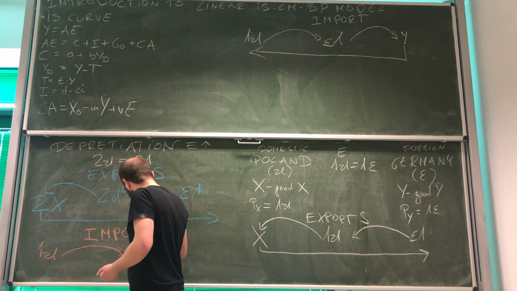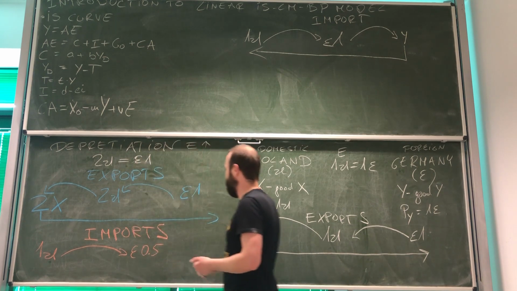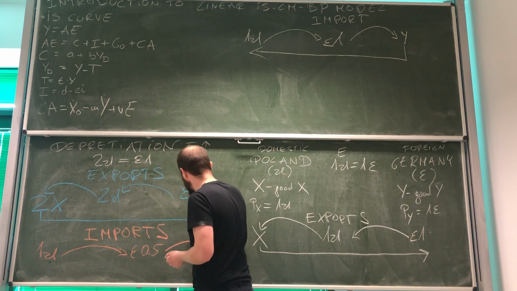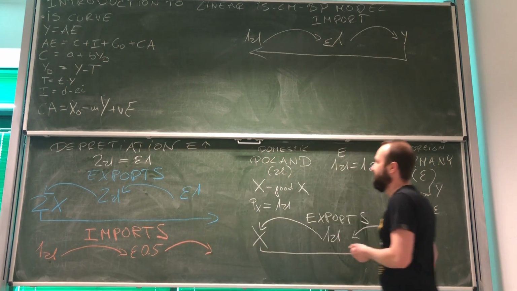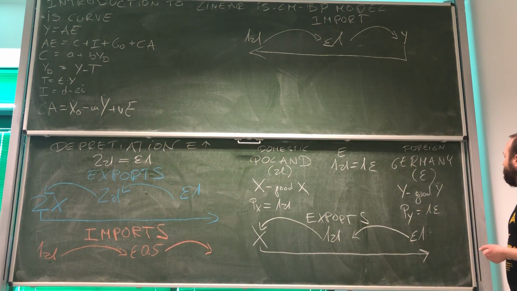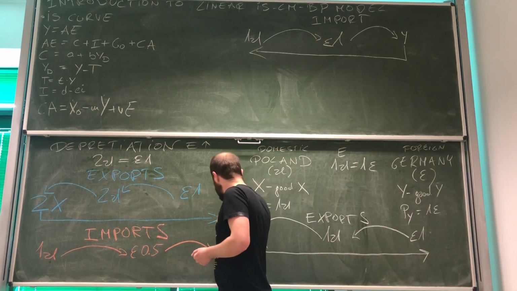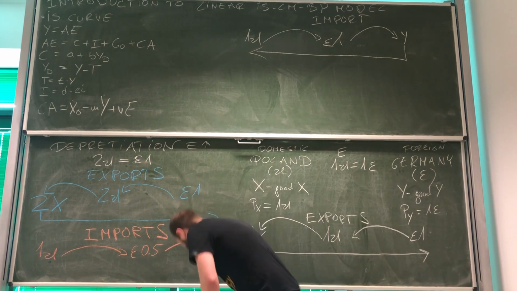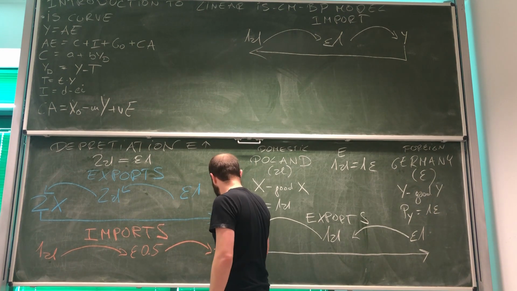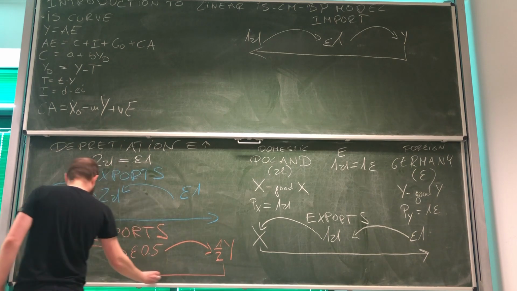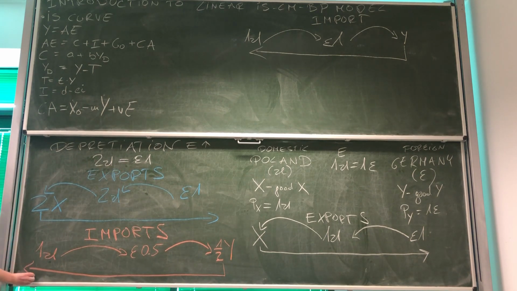So we will get only half a euro. And look then, with half a euro, you can only buy 1/2 of good Y. And this half of good Y are Polish imports.